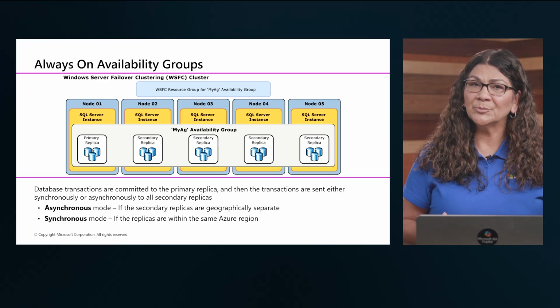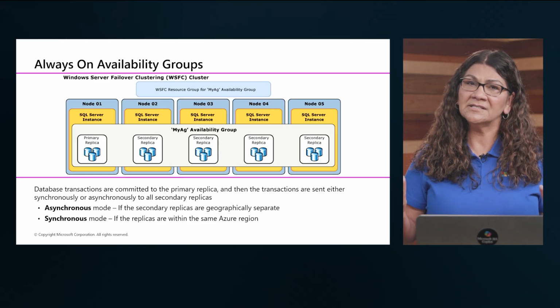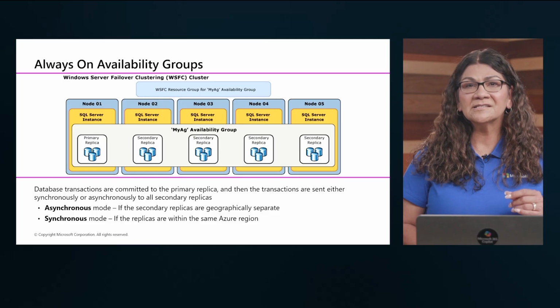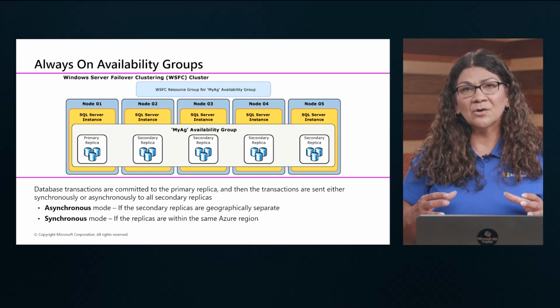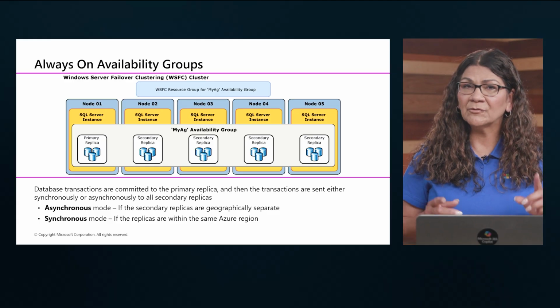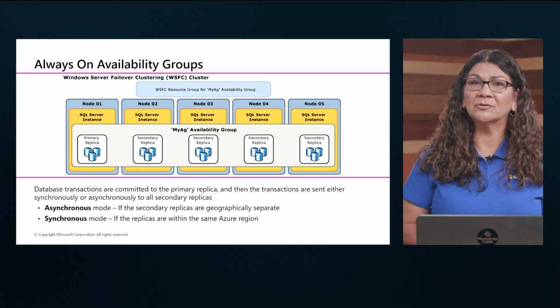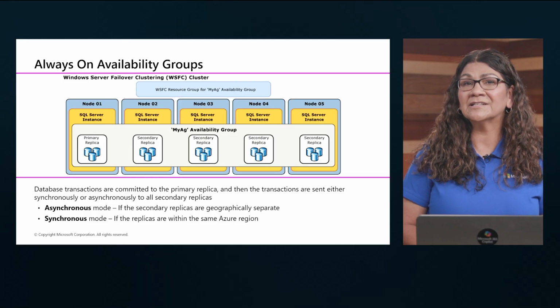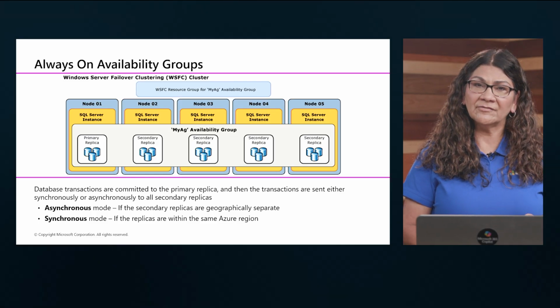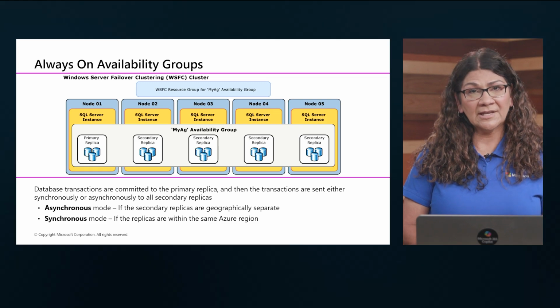Transactions are committed to the primary and then replicated to the secondaries. It does this either synchronously within the same Azure region or asynchronously if we have to go across geographical regions. This design benefits SQL workloads by ensuring data integrity, automatic failover, and read scalability.